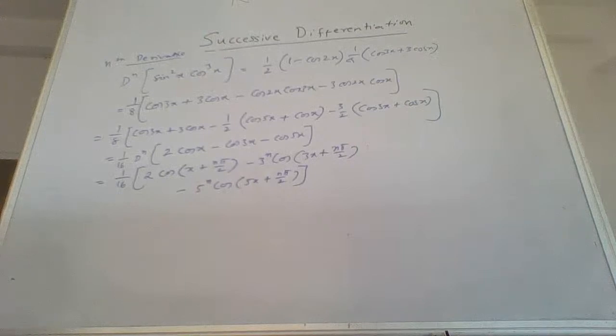So what we have done is, for the nth derivative of sine square x cos cube x, I get this result.